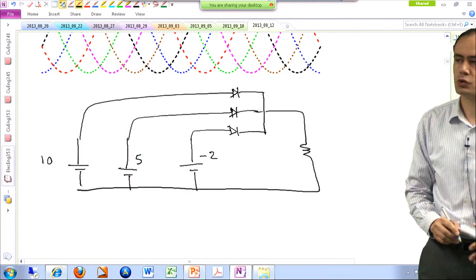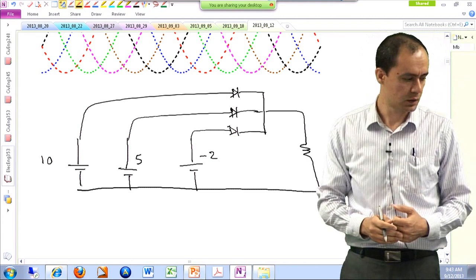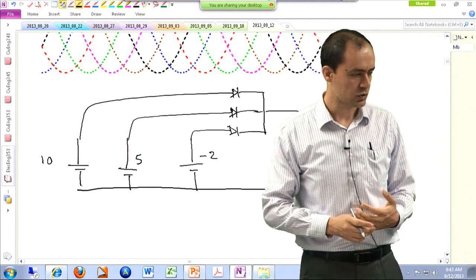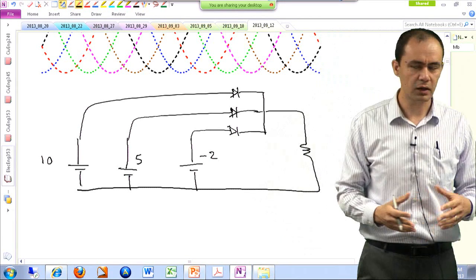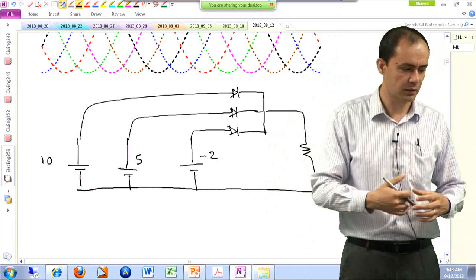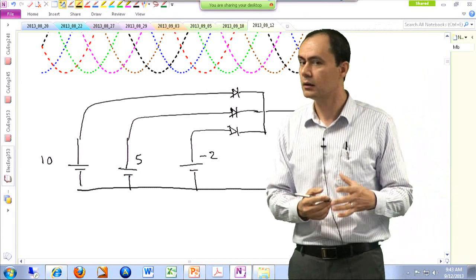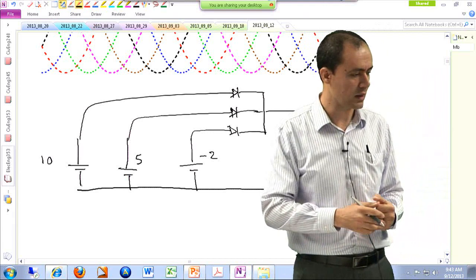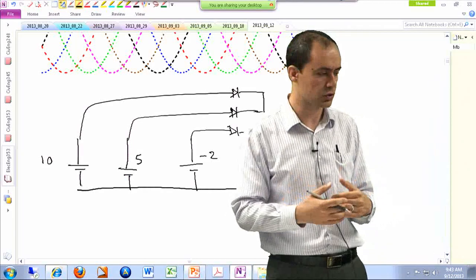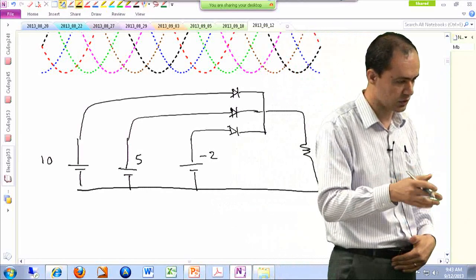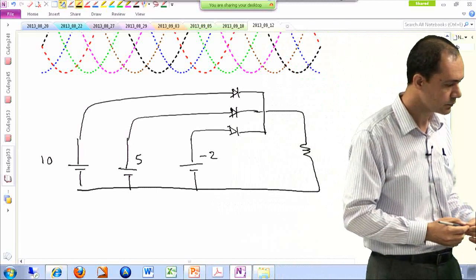They are supposed to provide power, if allowed, to a resistive load. So we have 3 diodes placed in parallel, each one fed on the anode side by a voltage source, and on the cathode side they are all connected to each other, and ultimately a resistor, and ultimately a loop.